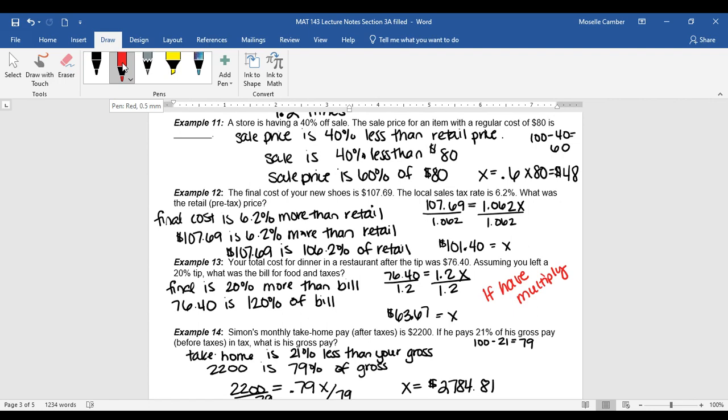Okay, so this first one we multiplied, in example 11, we multiplied because we had the of. So that is your old value. So if you have the old value, which in this case is your of, so the of 80, less than 80, then you're going to just multiply two numbers together, your percent and your number.